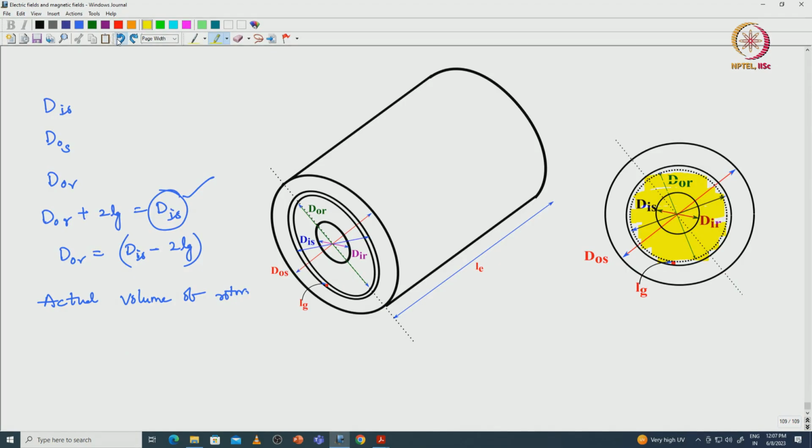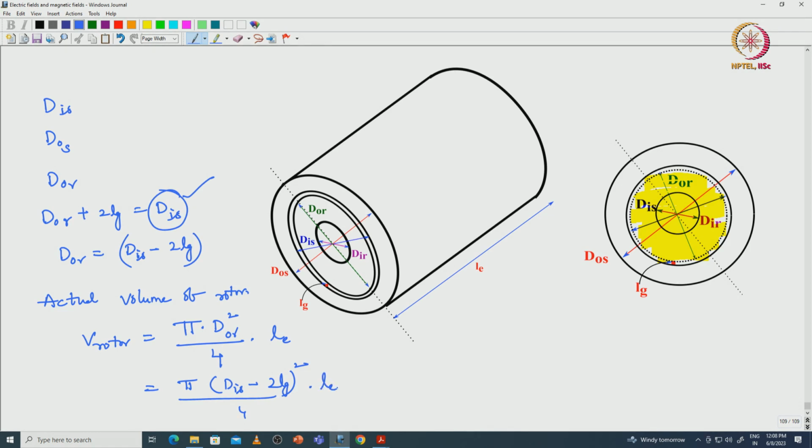So, here the volume of the rotor, V rotor, is equal to area into length, right. Area is nothing but pi D0r square divided by 4 into length, that is Le. Here D0r equals Dis minus 2 into Lg.